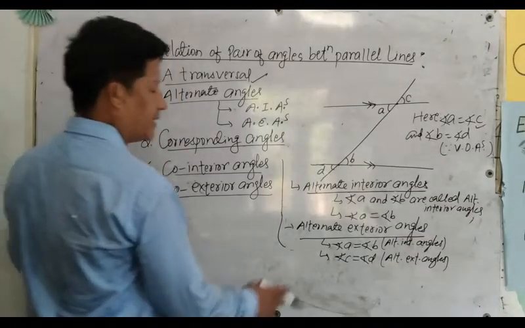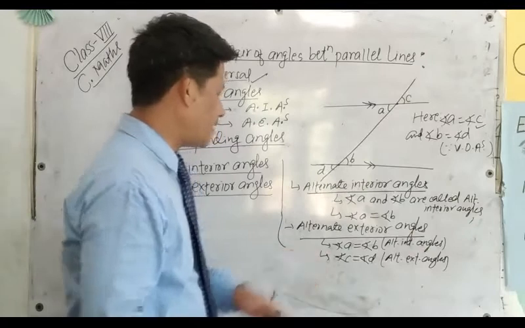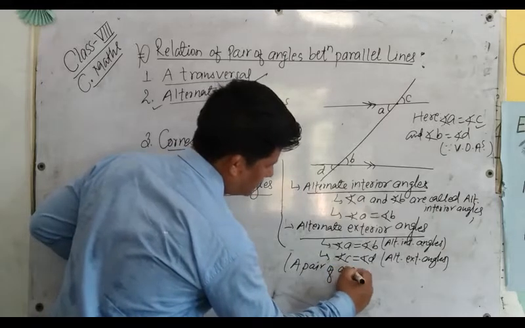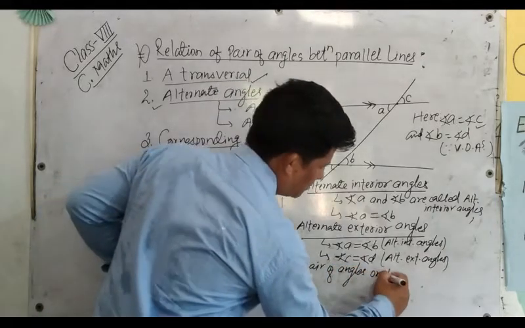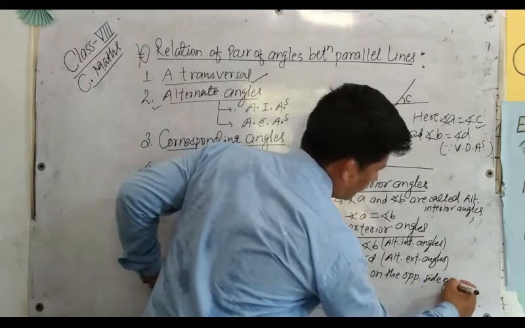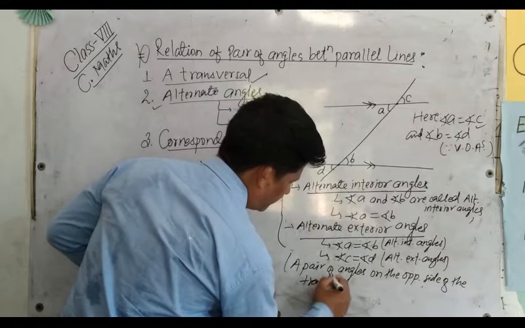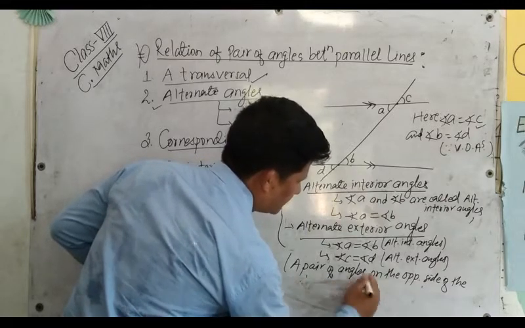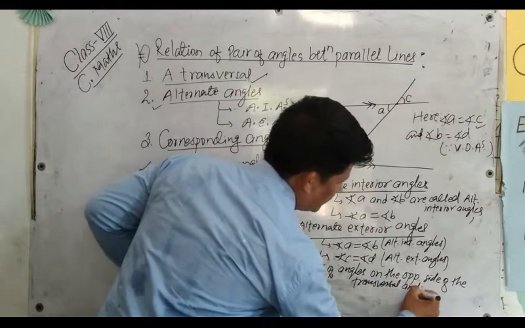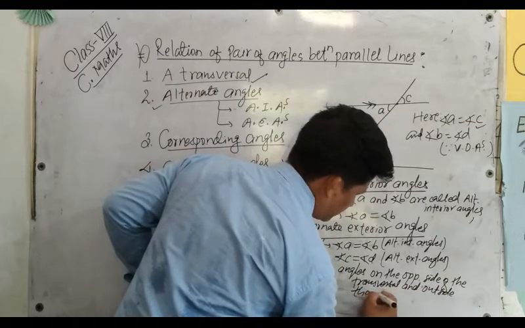You can easily define alternate exterior angle like this: a pair of angles on the opposite sides of the transversal and outside the parallel lines.